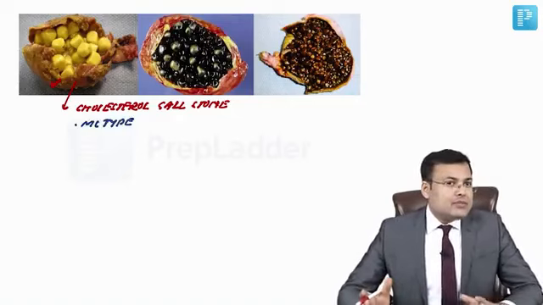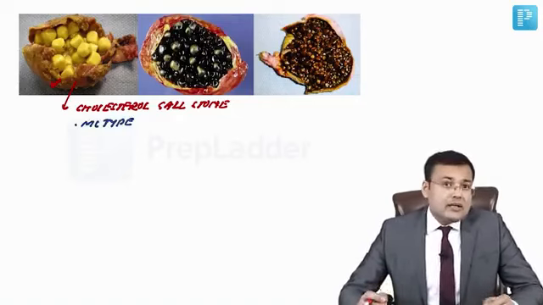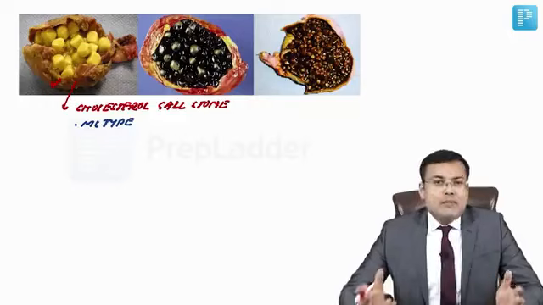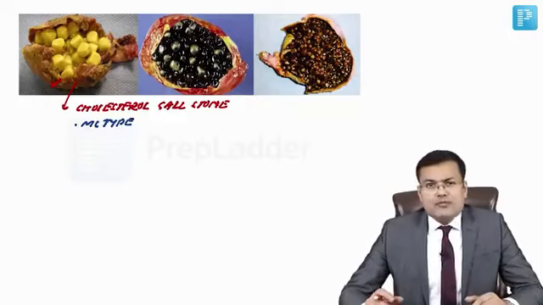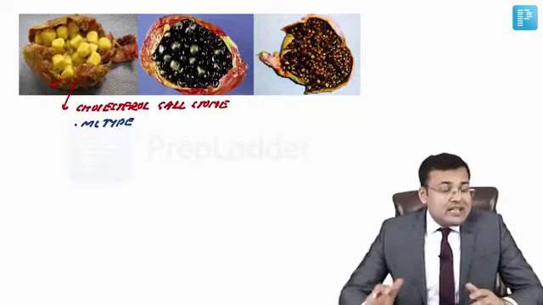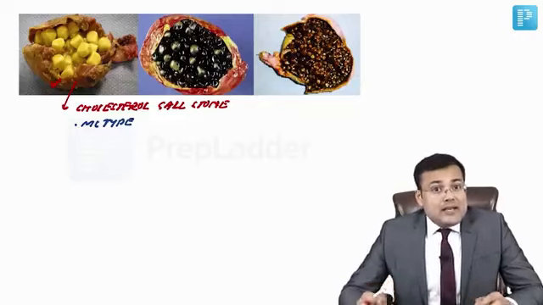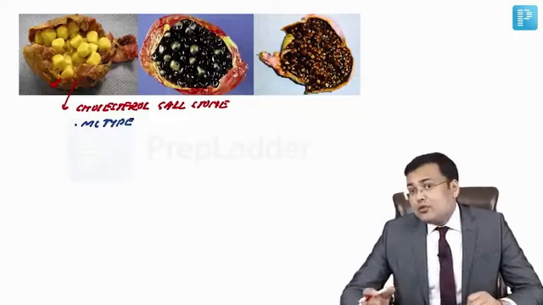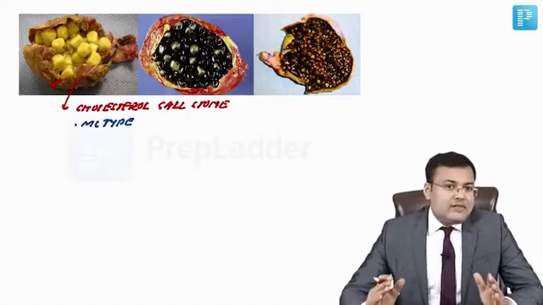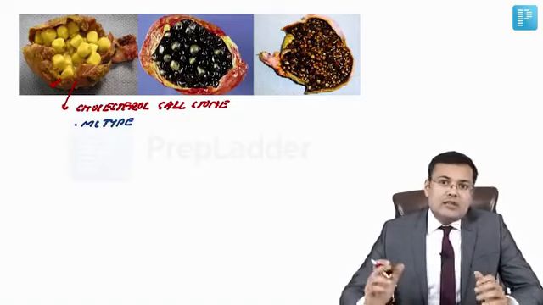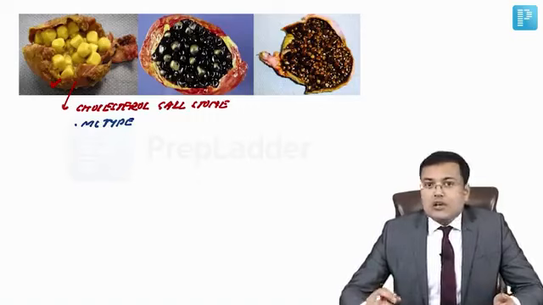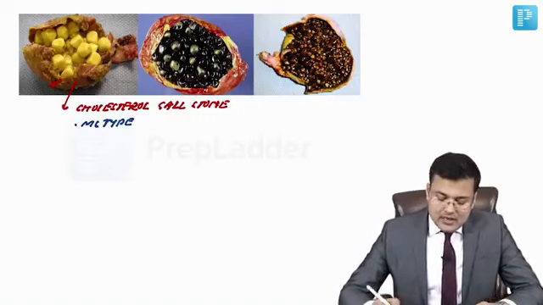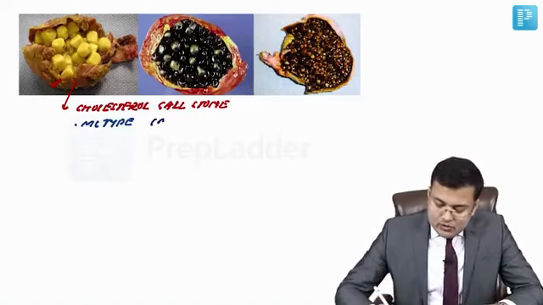See, 95% component will be cholesterol, but 2 to 3% component will be black, or 2 to 3% component will be brown. So effectively it is mixed. If mixed is there in the options, choose mixed. So if the most common type of gallstone is asked, you have to choose cholesterol if mixed is not given in the options, and if it's given, then choose mixed.